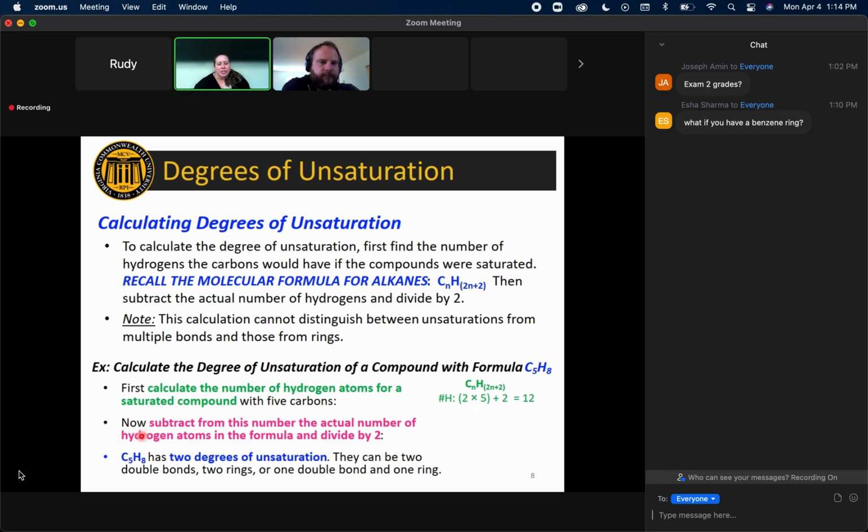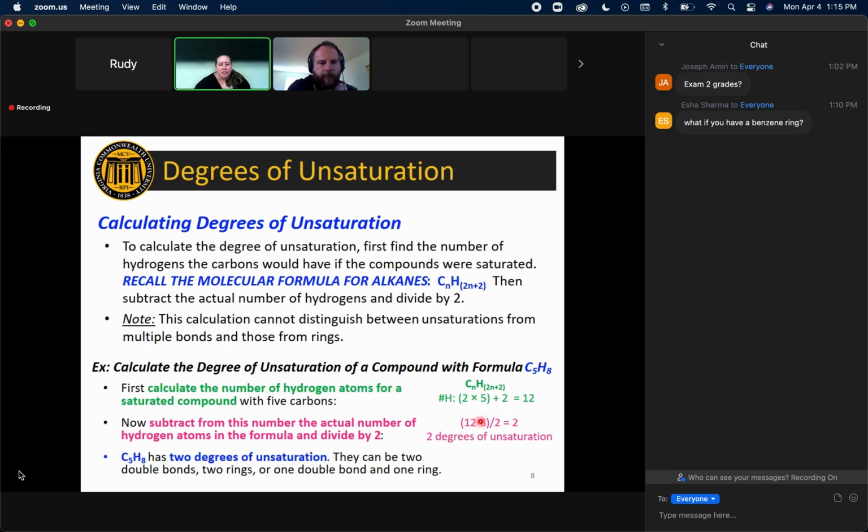In order to figure out the degrees of unsaturation, we're going to take our expected hydrogen atoms, subtract our actual hydrogen atoms, and then divide by 2, because it takes 2 hydrogen atoms to make every degree of unsaturation. So here's what that looks like. 12 hydrogen atoms that we would have if it were saturated, 8 hydrogen atoms that we actually have in our molecular formula.